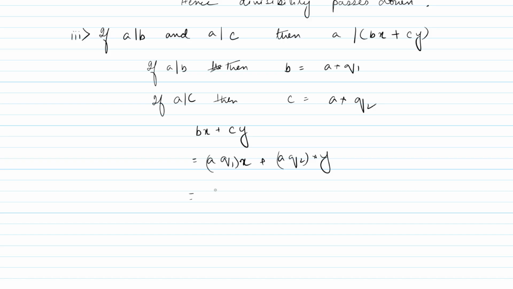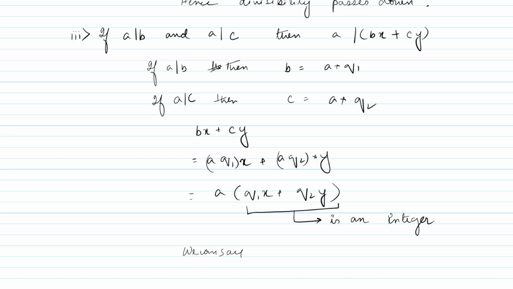If we take A common, it's A into Q1X plus Q2Y. Therefore, since this whole thing is an integer, we can say A divides BX plus CY.